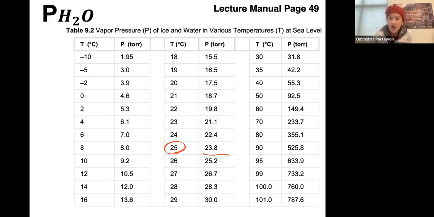Okay, so that means when you are doing the experiment, if you want to know the partial pressure of water, all you need to do is measure the temperature, and then use that temperature to look up the value from this table. Okay, you do not need to memorize this table. This table would be provided on the exam for you to use. Okay, so I'm going to get into an example of how to use this table.